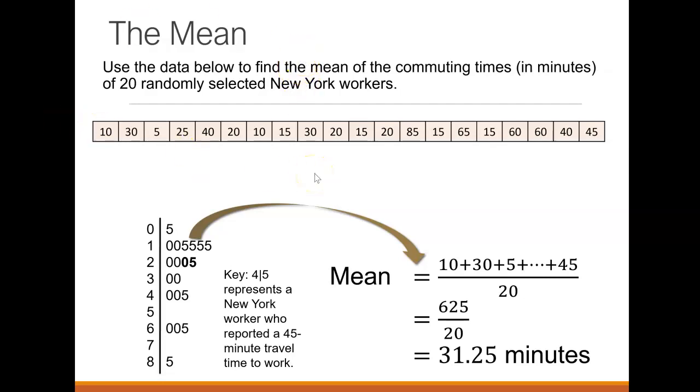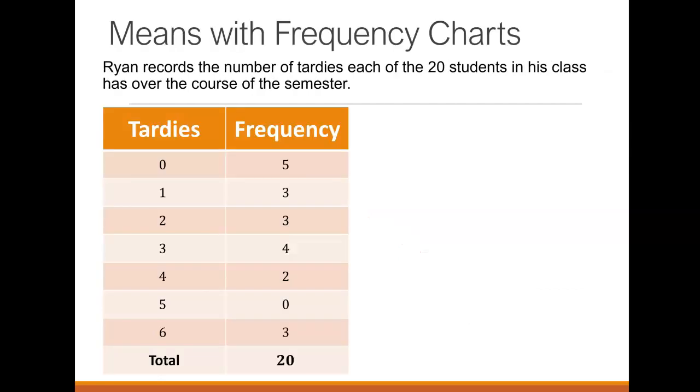Okie dokes. Okay. What if we want to do a mean where I'm given a frequency table? So here, I could do this two ways. Again, when I add this up, I could either write 0 plus 0 plus 5 times, and then write plus 1 plus 1 plus 1.